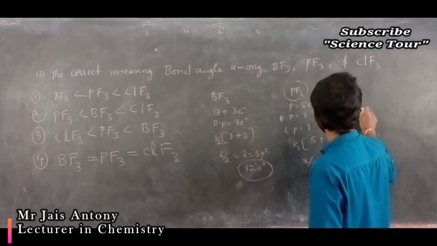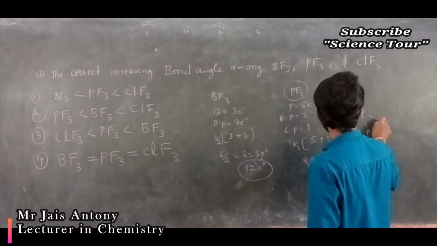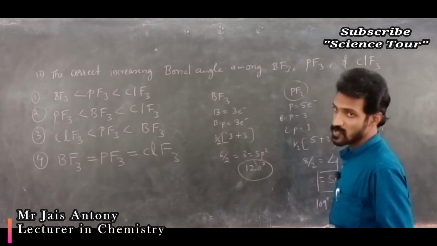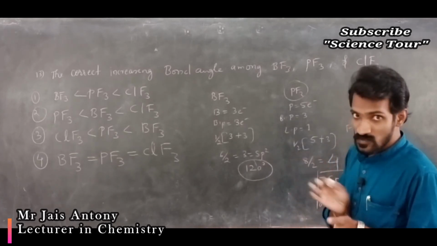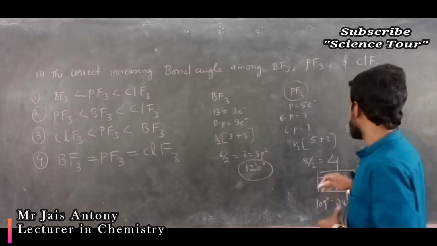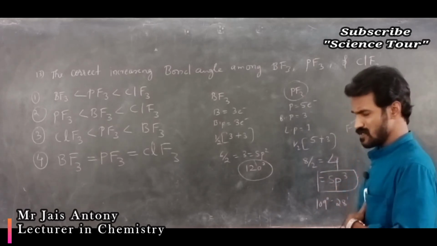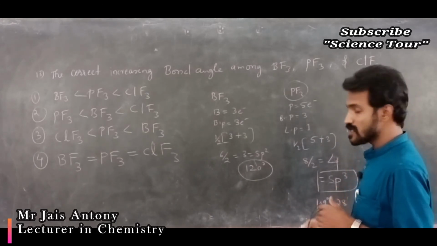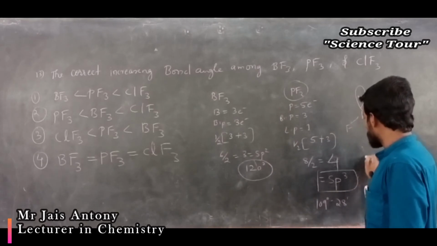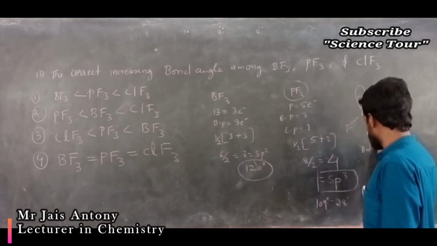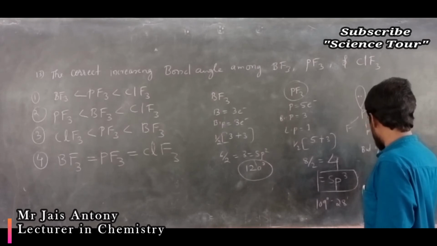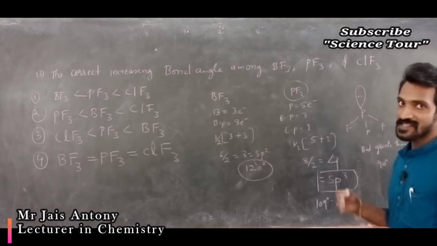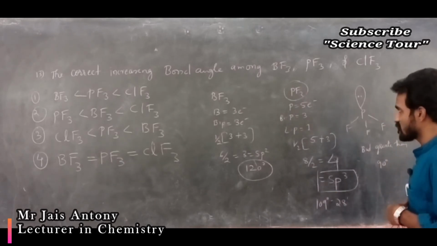Why? Because PF3 has a lone pair of electrons. If there is any lone pair of electrons, because of repulsion the bond angle reduces a little, which I explained in the earlier case. The same thing happens here. Because of the lone pair electrons the bond angle reduces a little, but it is greater than 90 and less than 109 degrees, understood? Greater than 90. Why I said greater than 90, I will explain, my dear students.